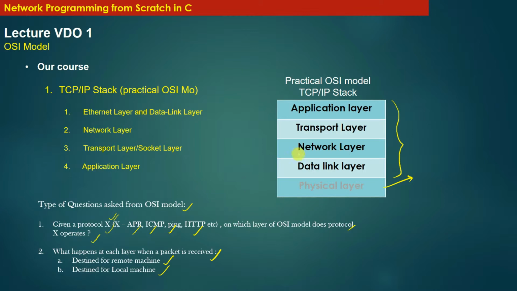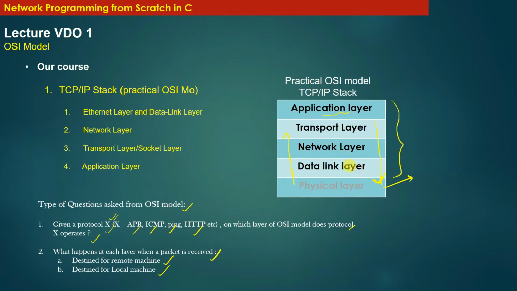Remember, when the machine receives a packet, the packet traverses through the TCP/IP stack from the bottom layer to the top layer, and when the packet is generated by the machine itself, that is, by an application, the packet traverses the TCP/IP stack from the application layer towards the physical layer.